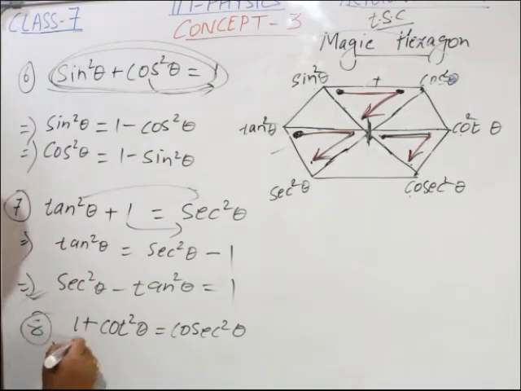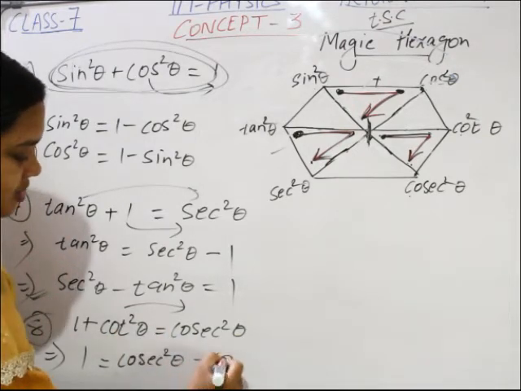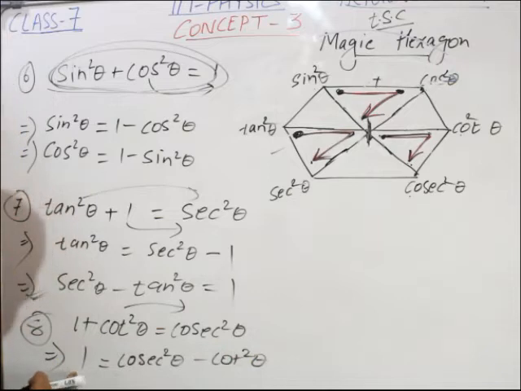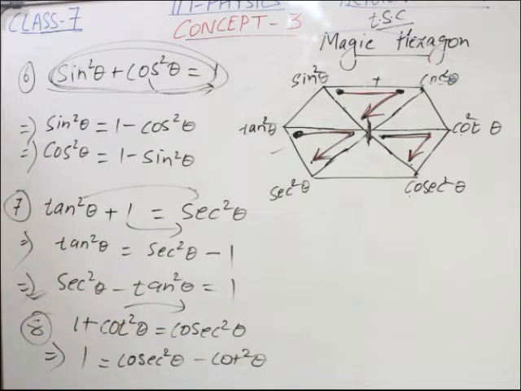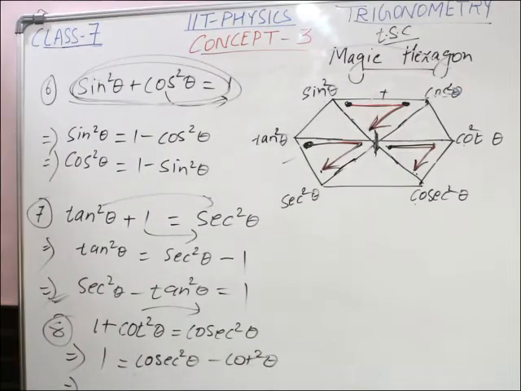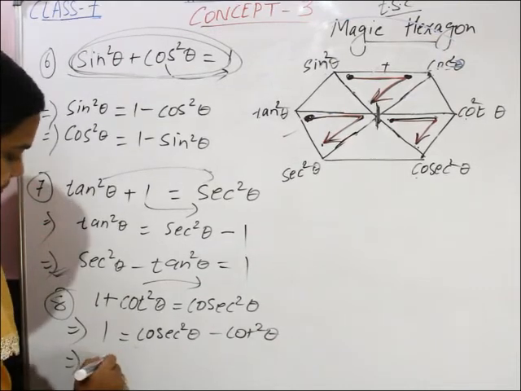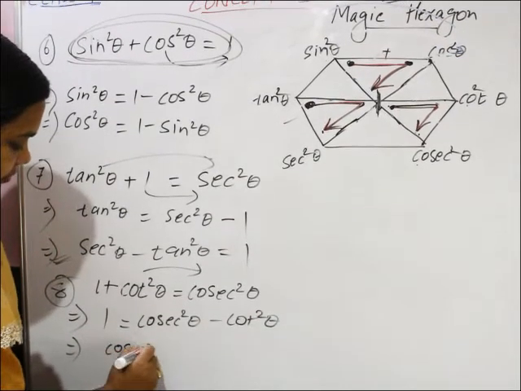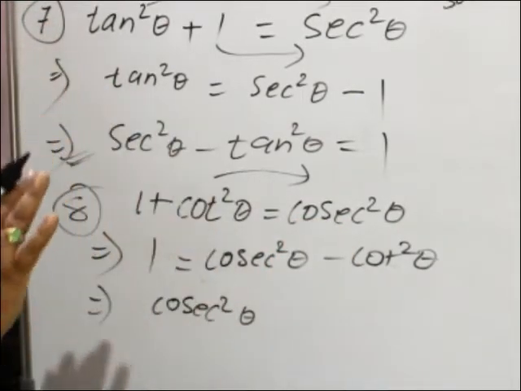What is that? Cot square theta, shift that side. What will you get? Cosec square theta minus cot square theta equal to 1. Next is cosec square theta equal to 1 plus cot square theta.